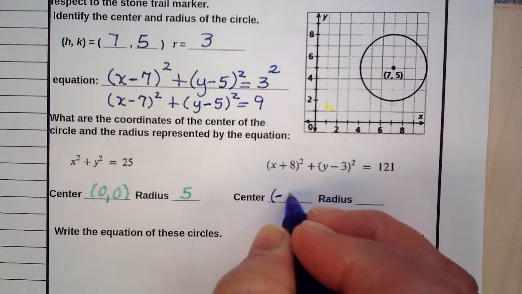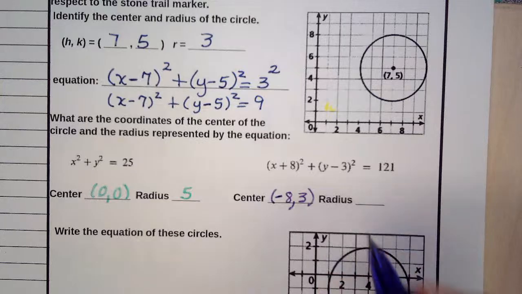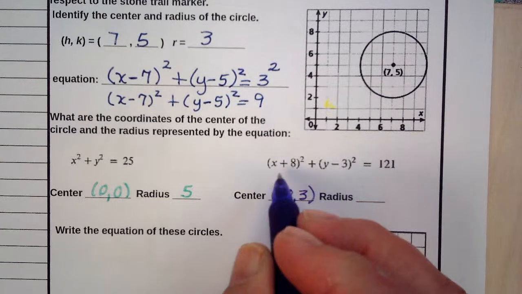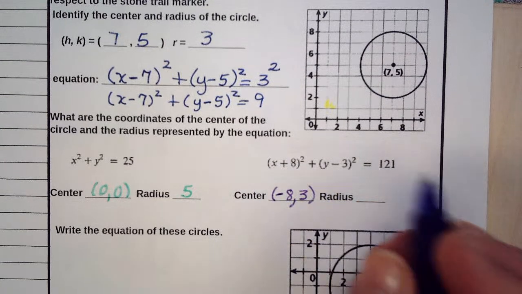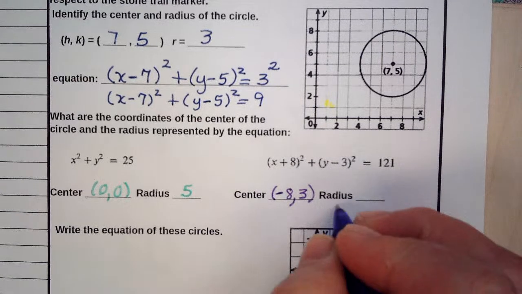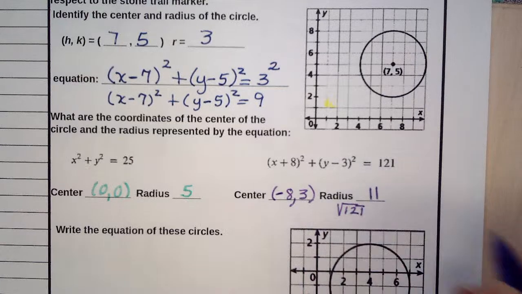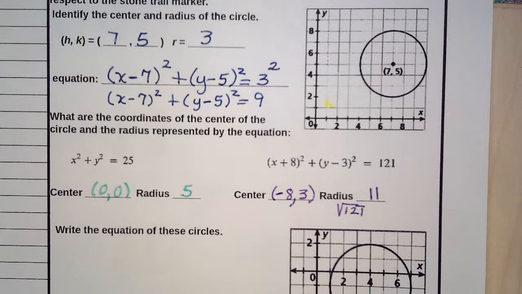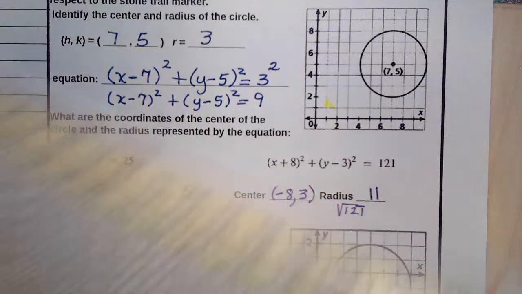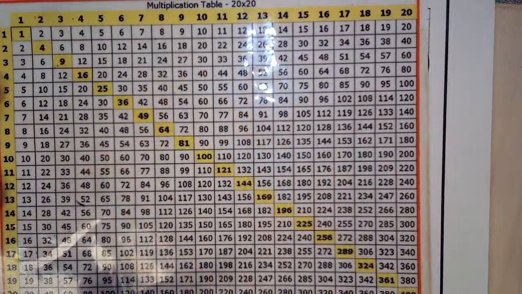Well, that would be negative 8. y minus 3, so that would be 3. (h, k) will be (-8, 3). I'm looking at those opposites. My radius will be the square root of 121, and that would be 11. If you don't remember, we have the multiplication tables you can look at. 121 is 11 times 11.